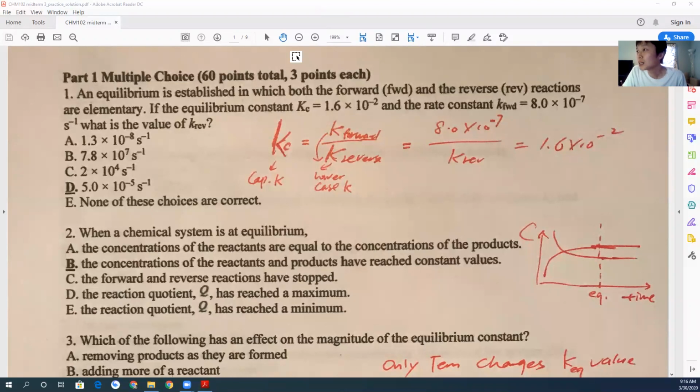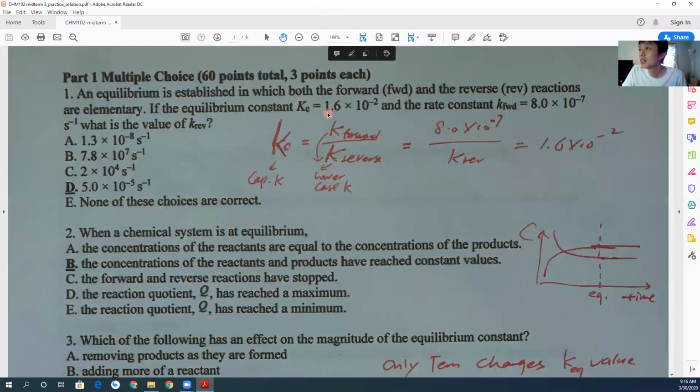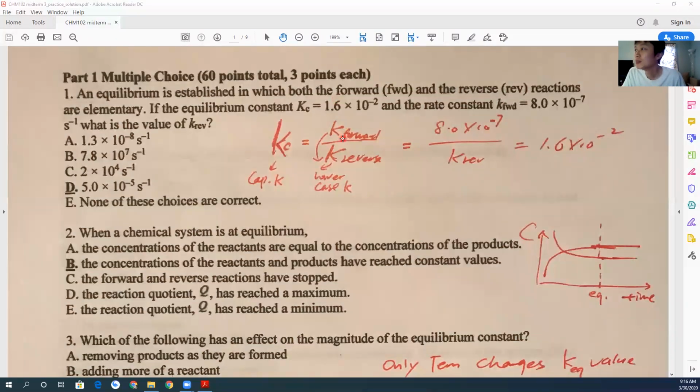This k here is a lowercase k, different from the equilibrium constant K. So those are the rate constants.